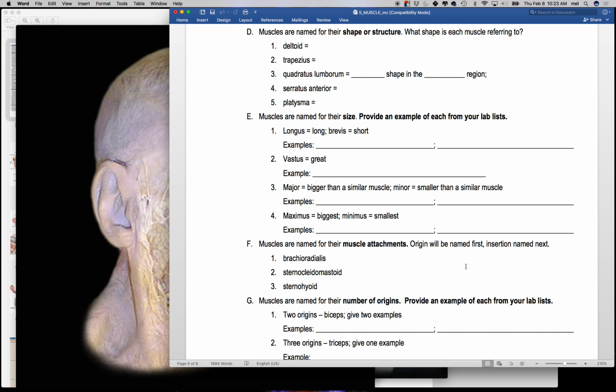And those, again, are telling you something about the length of the tendon, not the length of the muscle. Is that okay? Okay. A vastus is great or big. So you've already done them, but name three vastuses for me. Vastus lateralis, intermedius, and medialis.